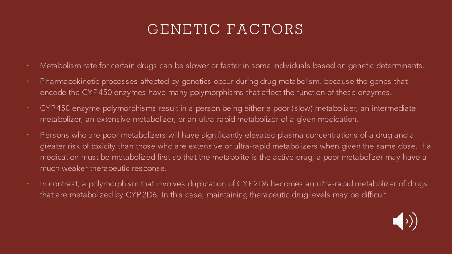In contrast, a polymorphism that involves duplicates of cytochrome P2D6, which can result in as many as 13 copies of this gene, produces an ultra-rapid metabolizer of drugs that are metabolized by cytochrome P2D6. In this case, maintaining therapeutic drug levels may be difficult.